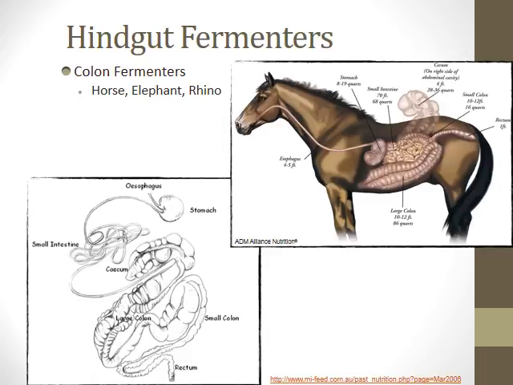So, due to that size, there has to be something going on, and indeed, that is where microbial fermentation goes on. The microbes are able to produce the enzymes necessary to break down cellulose, and that cellulose ultimately provides a type of energy for these animals.